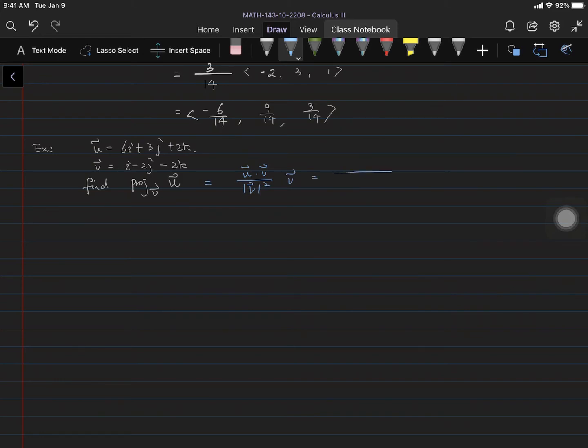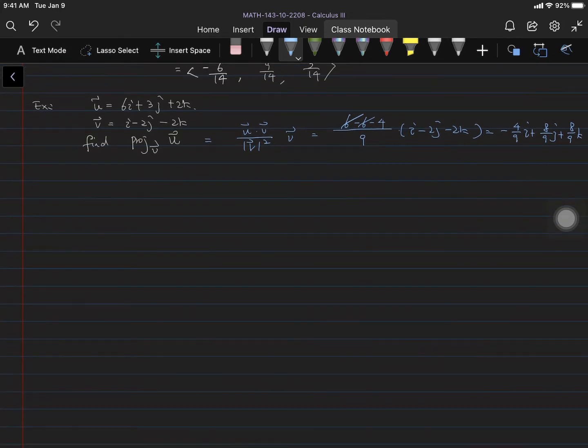Dot product is, then the length of v squared. So it should be 9, right? And the dot times i minus 2j minus 2k. Simplify. So it should be negative 4 over 9 i plus 8 over 9 j plus 8 over 9 k. Okay, this is how we calculate the projection vector.